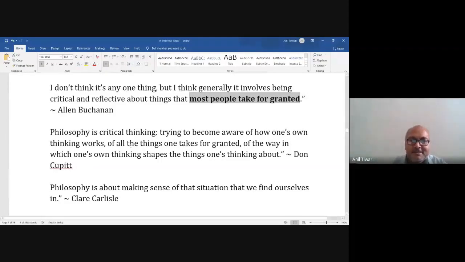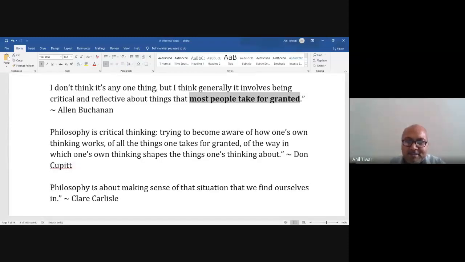And then critical thinking about the things which are taken for granted, so that you already saw in Buchanan's definition, and how our thinking shapes the things which are surrounding us and our perspective towards them, right? So it's a kind of reflection of the way in which one's own thinking shapes the things one's thinking about. You are thinking about things, and that approach, this is a kind of approach towards things, right?